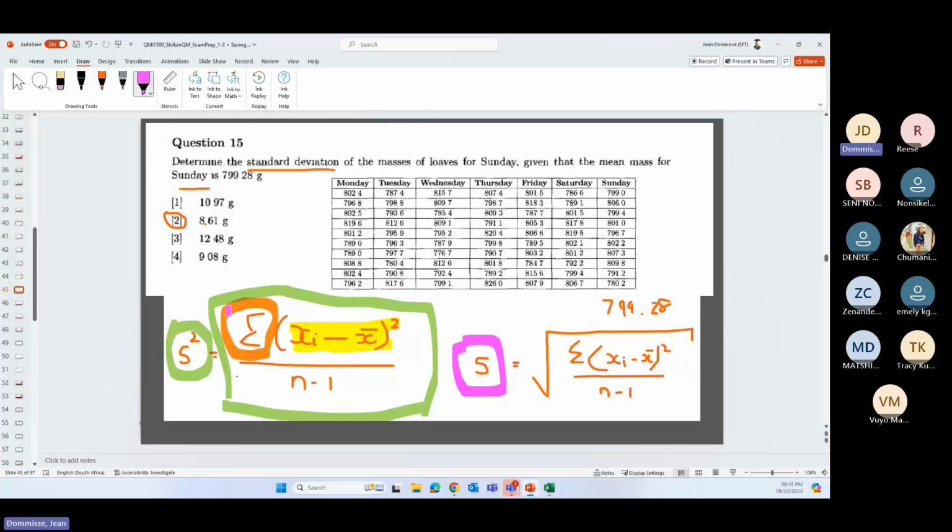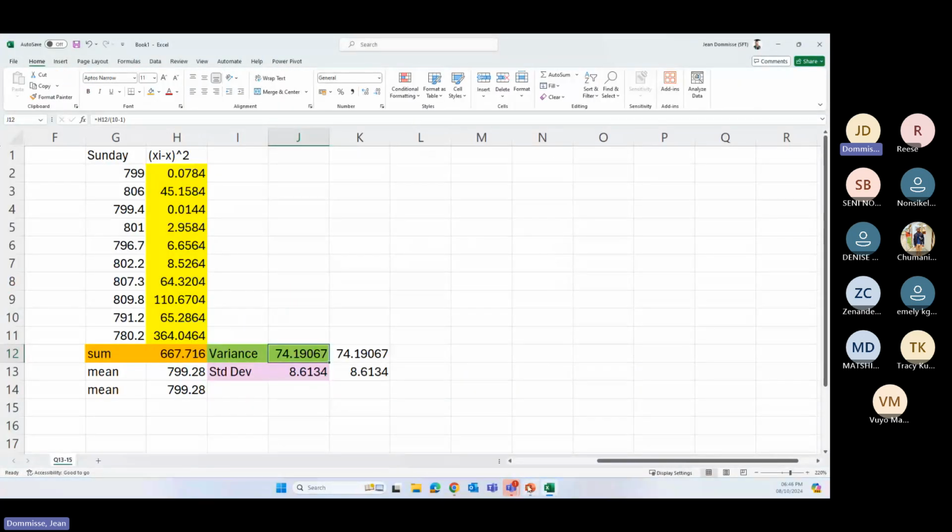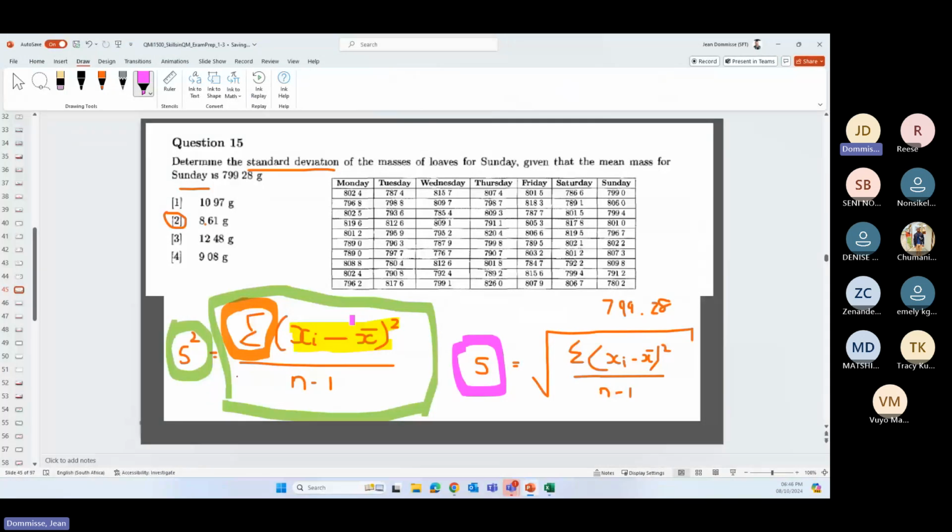So I will share the spreadsheet with you guys as well as the presentation, so that you can familiarize yourself with it. You are allowed to use Excel, you're allowed to use financial calculators, you can scribble, you can write this down, you are allowed to work on paper and work it out.